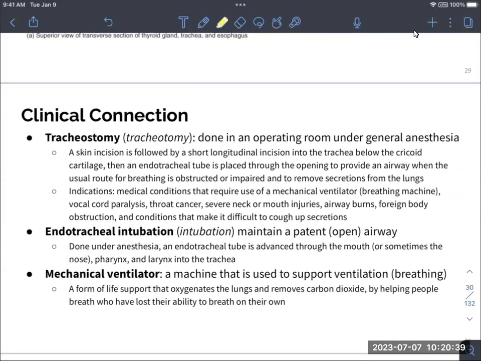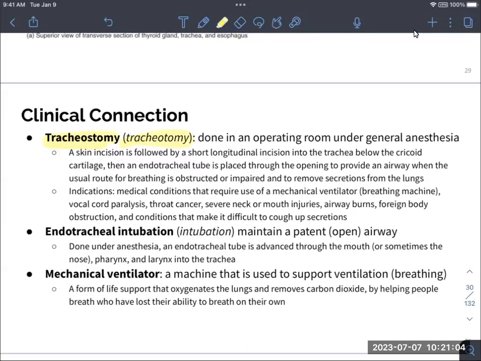Tracheostomy. It is a tracheotomy too, but it's usually done under general anesthetic. It's where an incision is made into the neck area, and they're making an incision into the trachea.